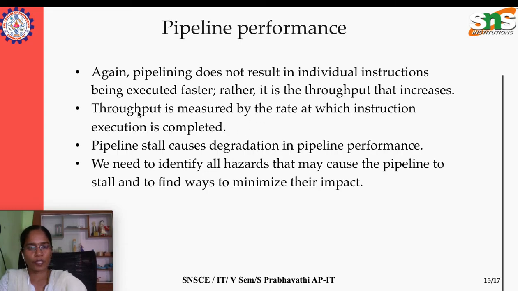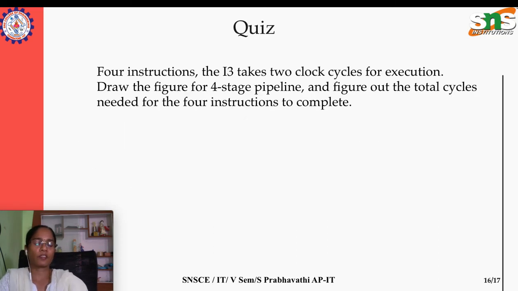So throughput, as I said, is measured by the rate at which instruction execution is completed, and pipeline performance is degraded due to some of the hazards and stalls. So we need to identify the methods to resolve the hazards and to minimize the degradation in pipelining, and we are going to discuss those in the next topic.